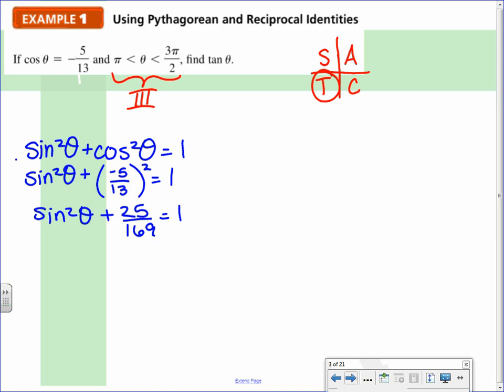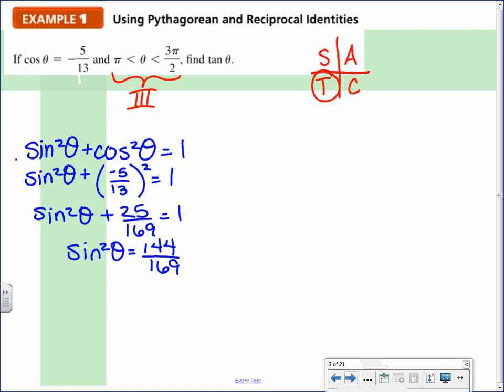So think of this with a common denominator. Think of one like 169 over 169 minus 25 over 169. What will that be? 169 take away 25. 144 over 169.